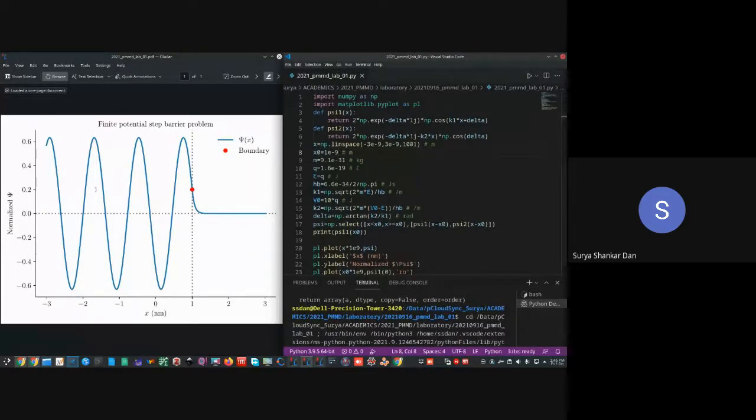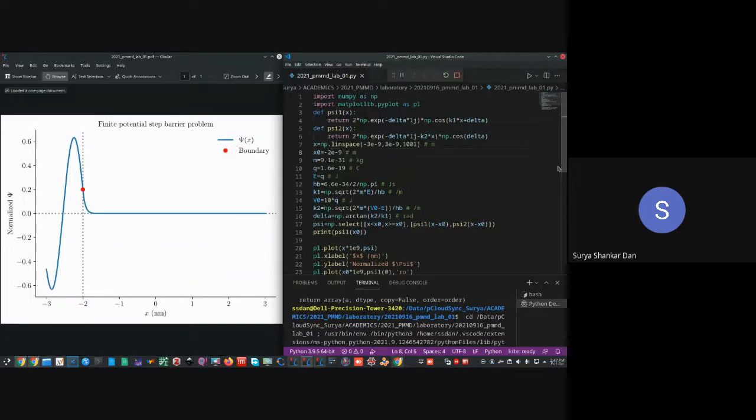If you notice, the barrier has shifted by 1 and the wave function has shifted, I mean, simply the y-axis has shifted by 1. Awesome. Now if I do it, say minus 2, let's F5. Okay, this is pretty clear. This is not much of a problem as such.